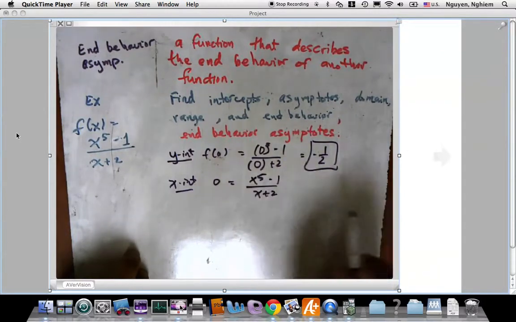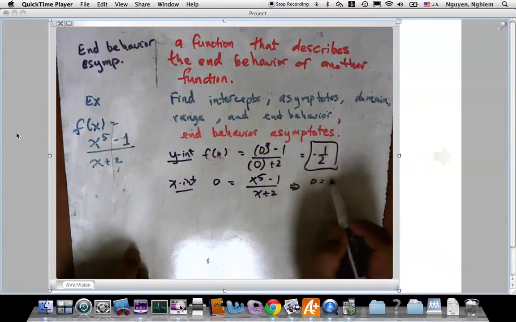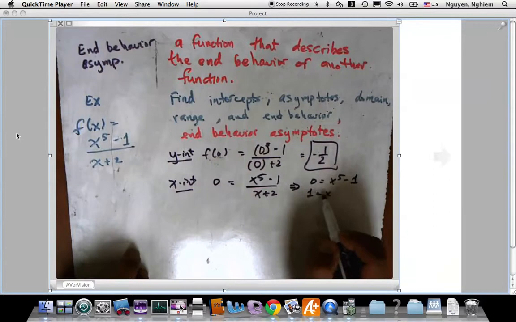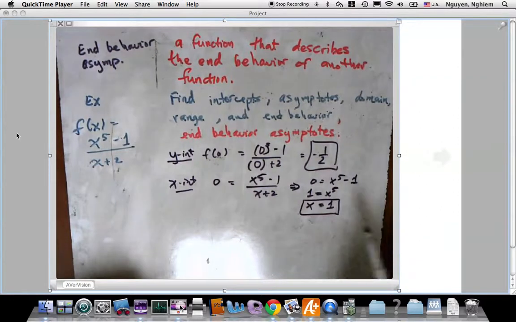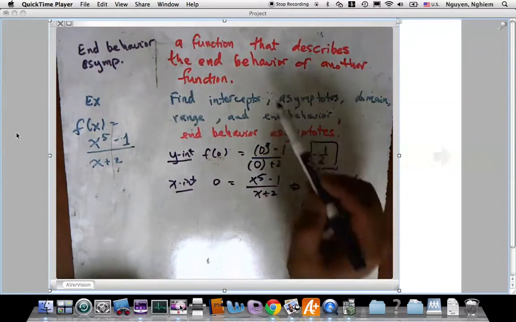And coincidentally, this just becomes 0 equals x to the fifth minus 1. 1 equals x to the fifth, and x is just going to be equal to 1. Okay? Not negative 1, because if you substitute a negative 1 for x, you're going to get negative 1 here, not positive 1. Okay? So intercepts are done.